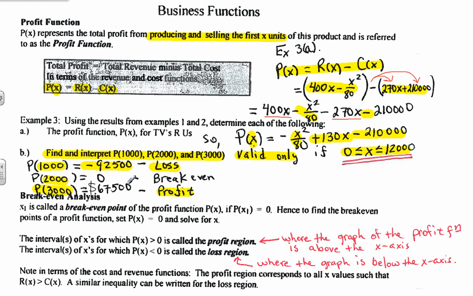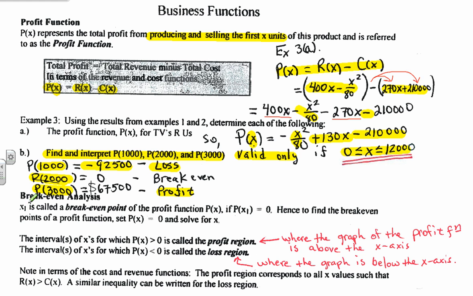So this is $67,500 profit from producing and selling the first 3,000 TVs in a given month. Okay, like on the second example here on part B when we did P of 2000, here, notice that the answer was 0. So we call any value that makes the profit function 0, we call that a break-even point.